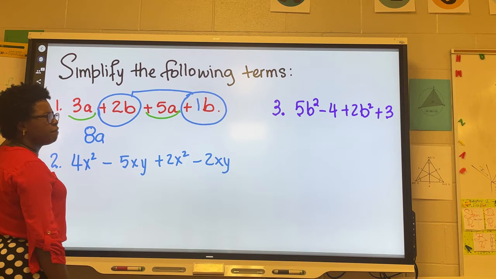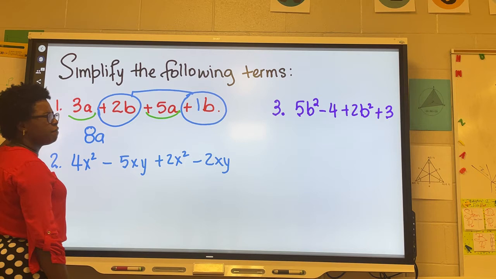It says 4x squared minus 5xy plus 2x squared minus 2xy. Here we have two variables we're working with. One is a combination, but we can talk about that soon. We have x squares we're working with, and we also have xy's we're working with.